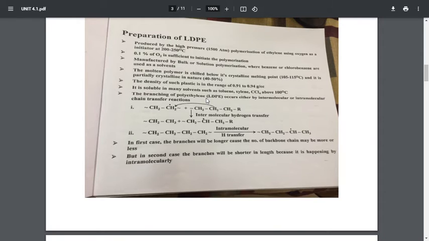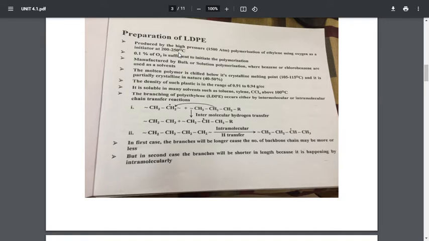Preparation of LDPE. Produced by the high pressure, 1500 atmosphere, polymerization of ethylene using oxygen as the initiator at 200 to 250 degrees Celsius. Just remember these values of pressure and temperature. 0.1% of O2 is sufficient to initiate the polymerization.